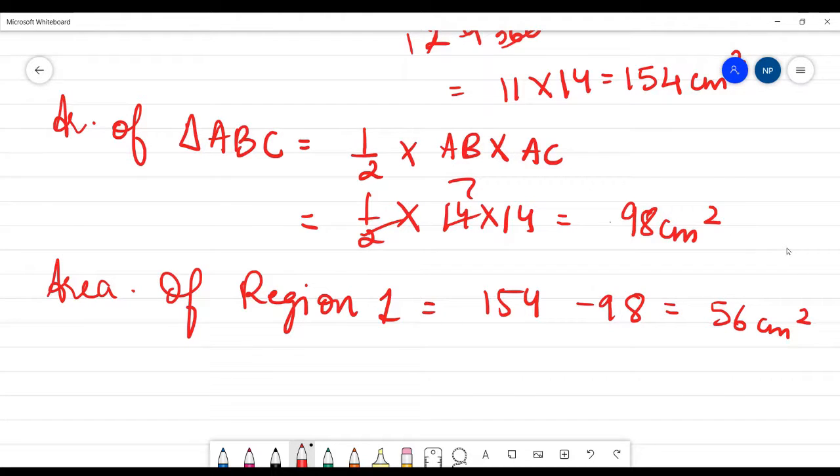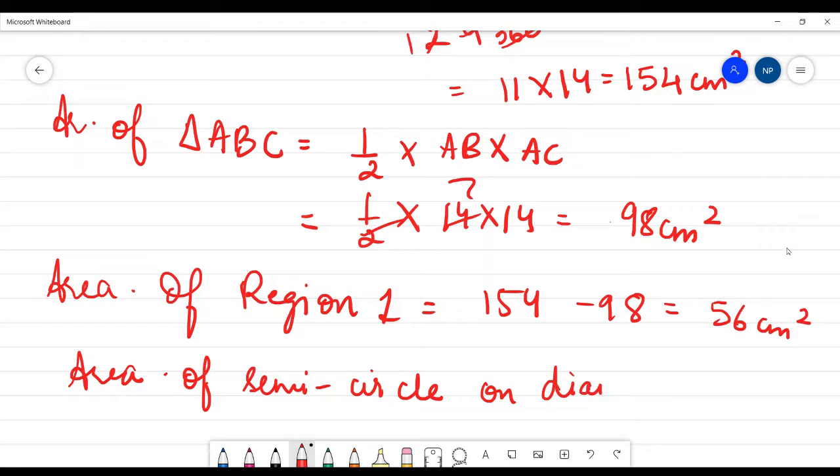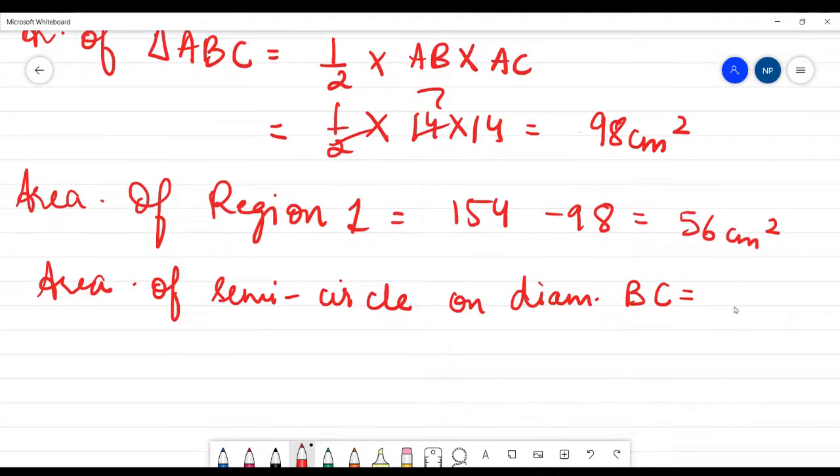Then the second part: we find the area of the semicircle on diameter BC. The area of the semicircle is half pi r square. Whatever is the area of the circle, you divide it by 2, and you get the area of the semicircle.